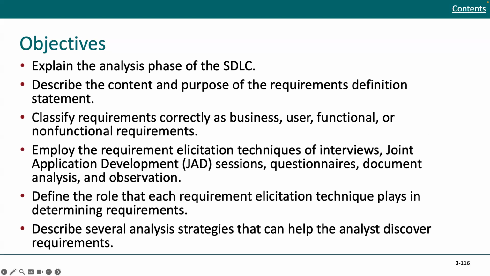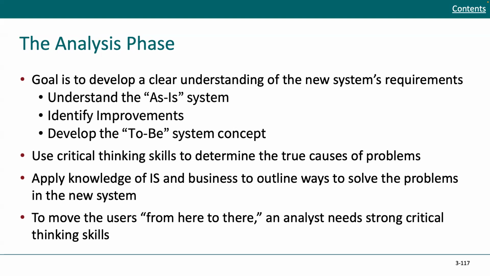We want to apply the requirement elicitation techniques, as I mentioned, but here we see them: interviews, joint application development, JAD sessions, questionnaires, document analysis, and observations. We want to define the role that each requirement elicitation technique plays in determining the requirements. Which one should we use? And so we'll be thinking about that, and we'll describe several analysis strategies that the analyst can determine for uncovering what the requirement should be.